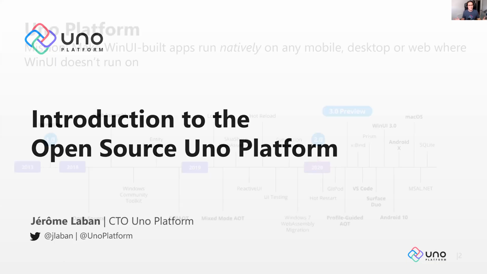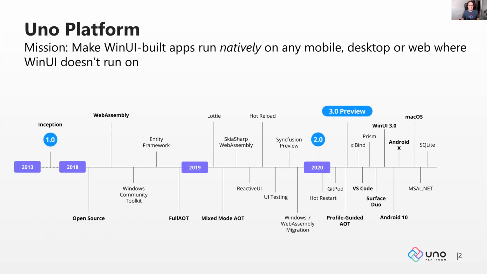So the Uno Platform. Our mission is about making WinUI apps run natively on mobile, desktop, web, and pretty much anywhere WinUI doesn't run. If you don't know, WinUI is the technology that Microsoft has been working on for quite a while, actually even before it was named WinUI. It's all about XAML and C#. For us, the idea is we take the code that you've been building and we're using your skills and make them run on any platform.